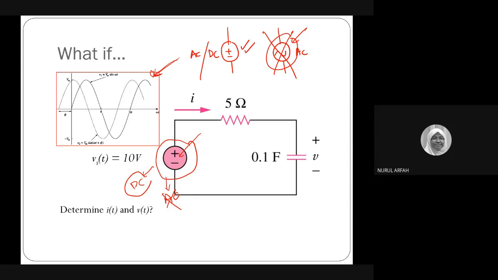So how do you know this one is actually a DC? For your final paper, you need to look at the value.